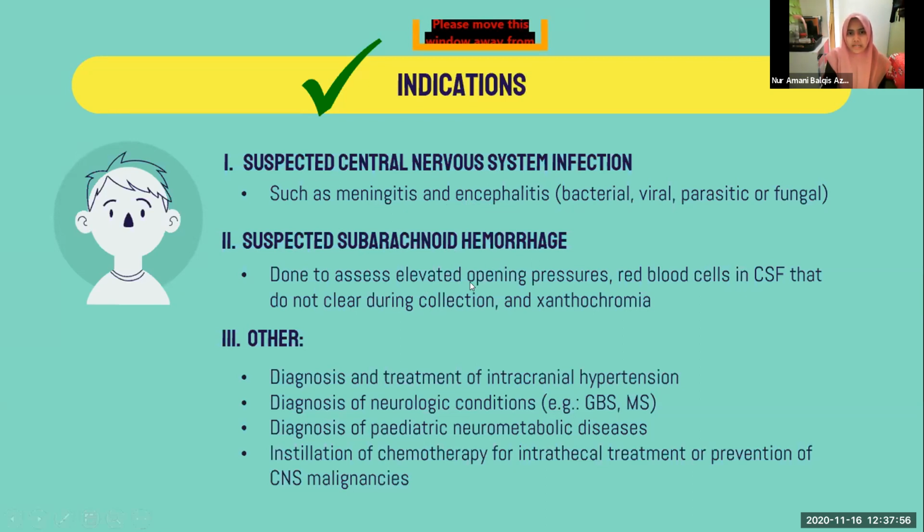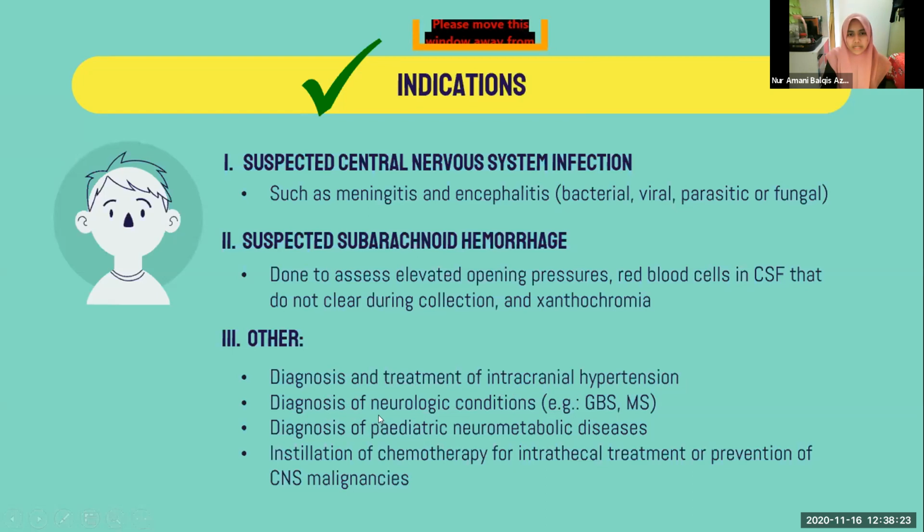It is done to assess the elevated opening pressure, which is a surrogate measurement of the intracranial pressure. And it is also done to see the red blood cells in CSF, or xanthochromia, which is the presence of bilirubin in CSF. Other indications include therapeutic: lumbar puncture is therapeutic for intracranial hypertension.